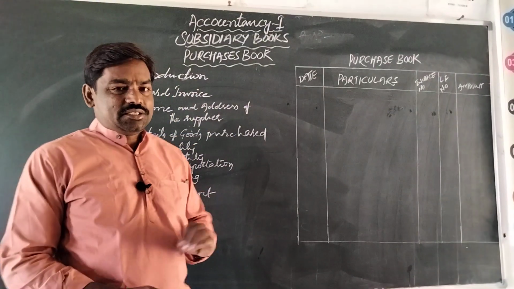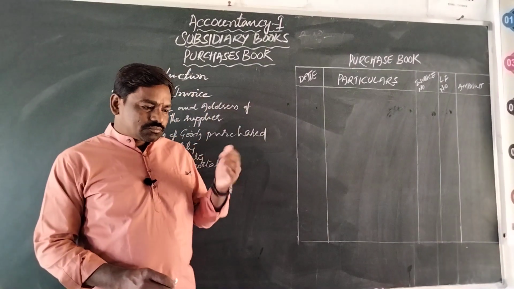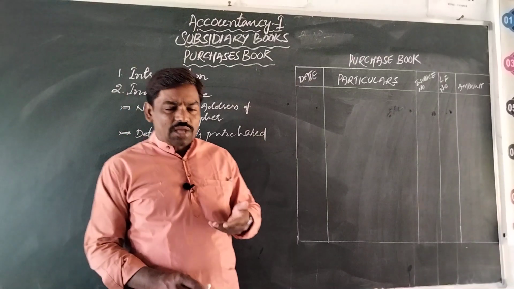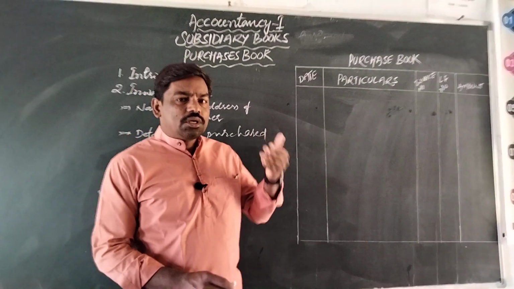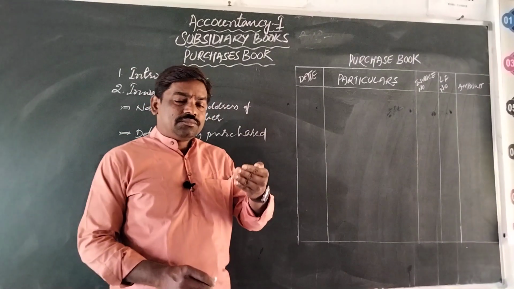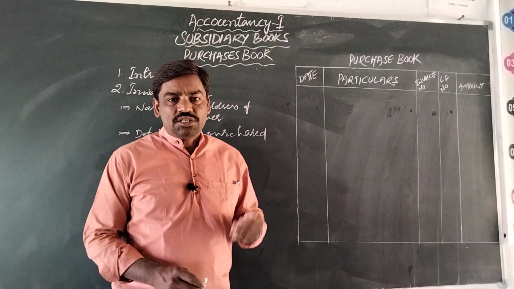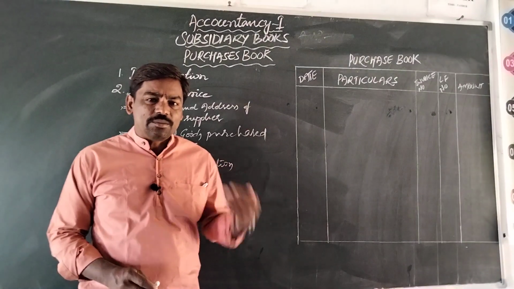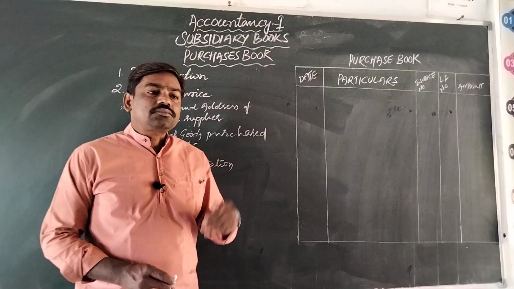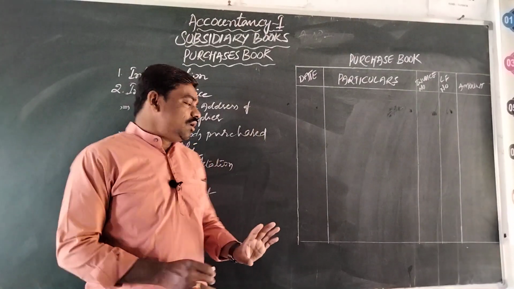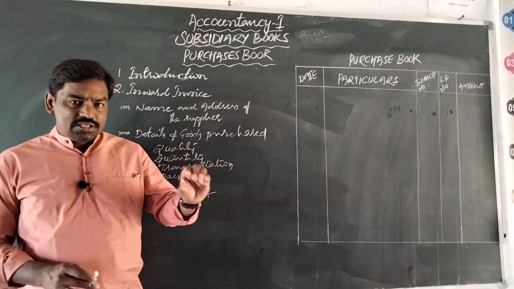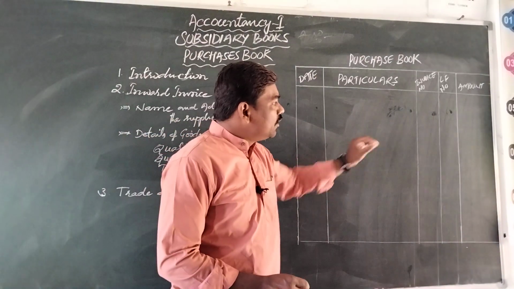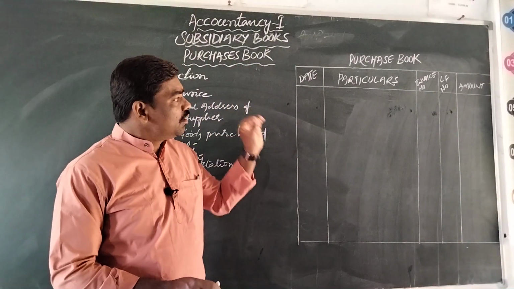Trade discount is a rebate that is offered by the supplier to the purchaser on the catalog price. Whatever trade discount we calculate should be deducted from the total purchase price, and the net value can be shown in the purchase book. So the total trade discount should be deducted from the purchase price, and the net figure can be shown in the amount column in the purchase book.